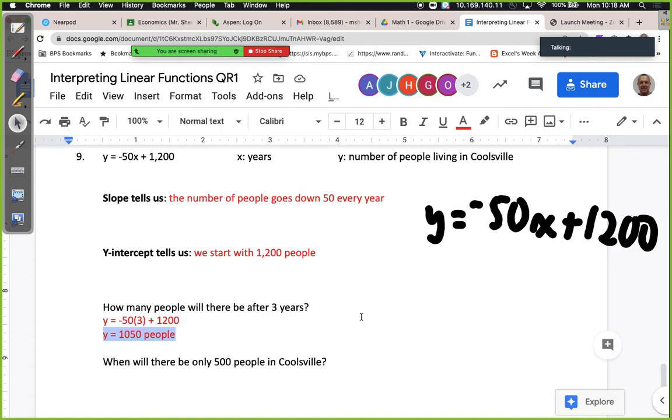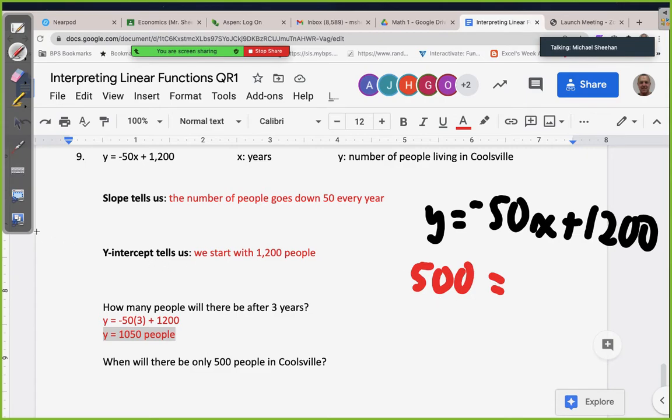All right. Now 500 people. People is Y, so 500 is going to go right here. So 500 equals negative 50x plus 1200.